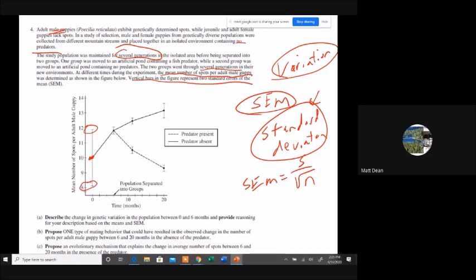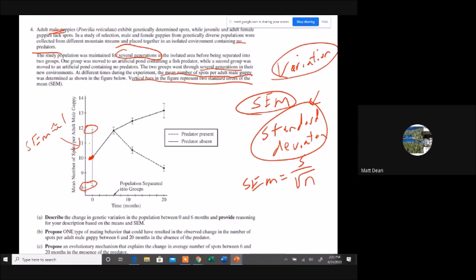Hopefully that's telling you that the standard error of the mean there is close to 1, right? Because we go up from 10 to 11 for one standard error and up to 12 for 2. So SEM here is approximately 1.